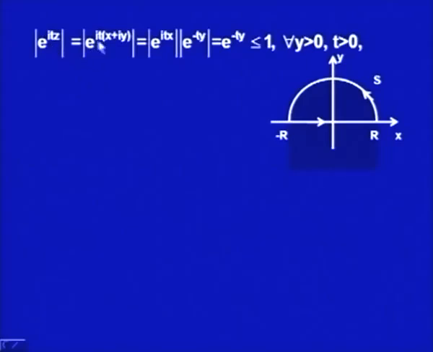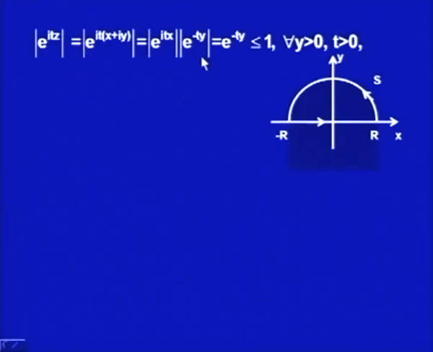Substituting z as x plus iy, we get e^(it(x+iy)), which gives e^(itx) times e^(-ty). So, we get the absolute value of e^(itx) times the absolute value of e^(-ty).